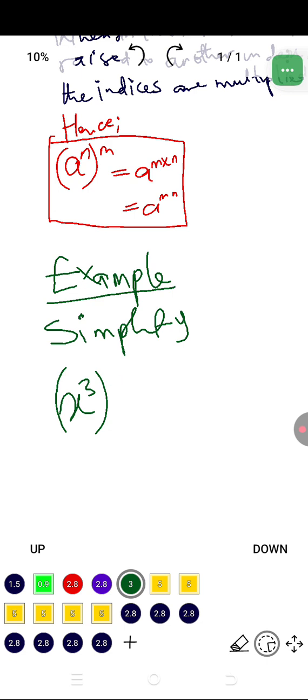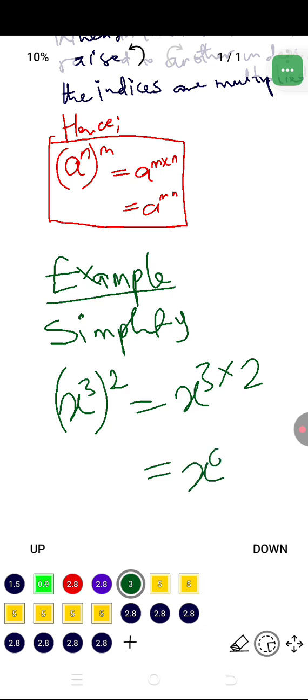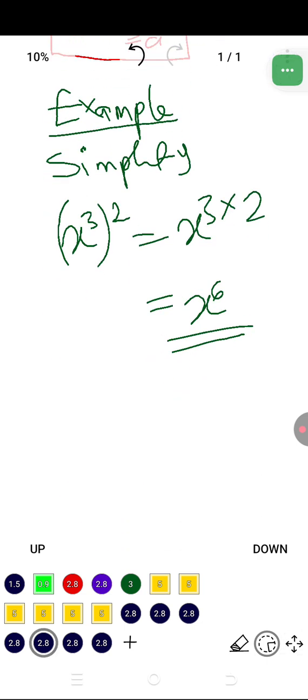This will simply give us what? x raised to power 3 times 2, which will give us what? x raised to power 6. That is all. So you multiply the indices and you get your answer.